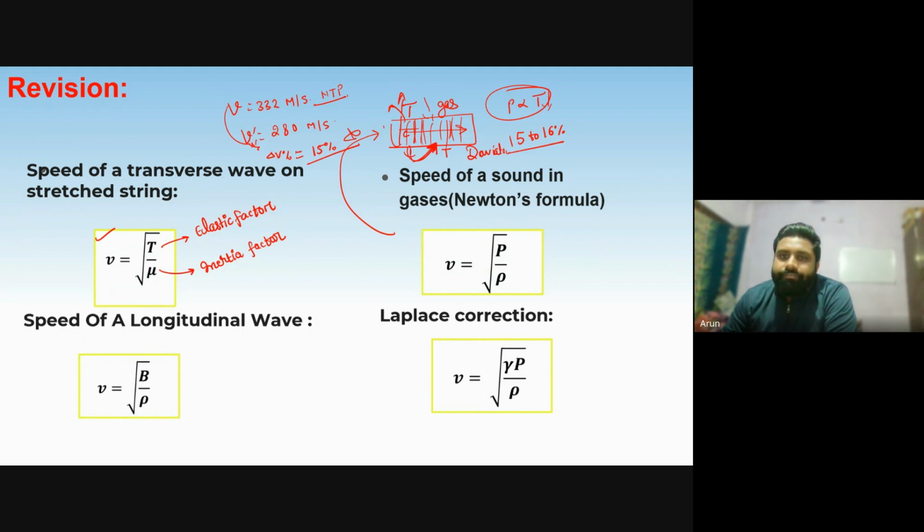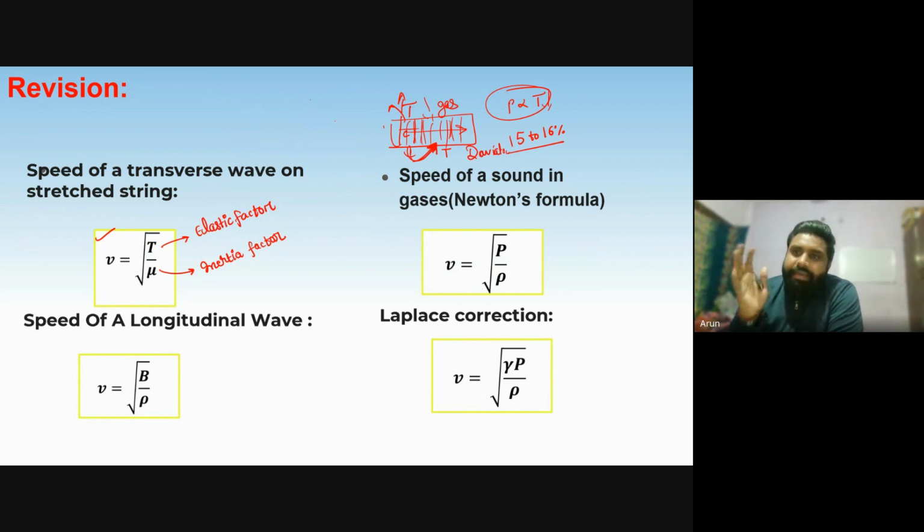We can't tolerate it. Okay. After that, Laplace came into action, and he said that this process that Newton assumed to be isothermal is actually adiabatic, because the propagation of a sound wave in a gas is a very fast process.